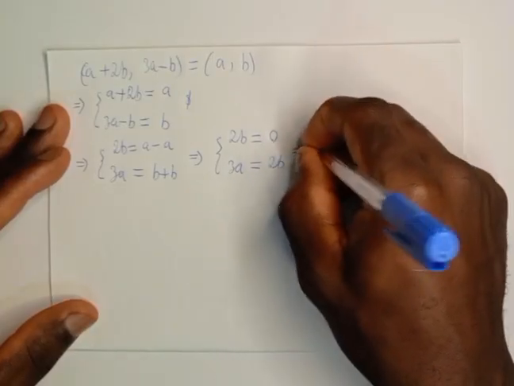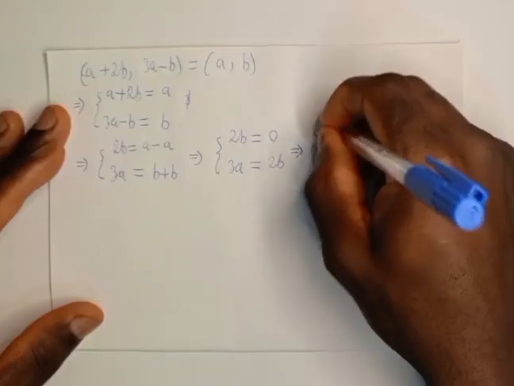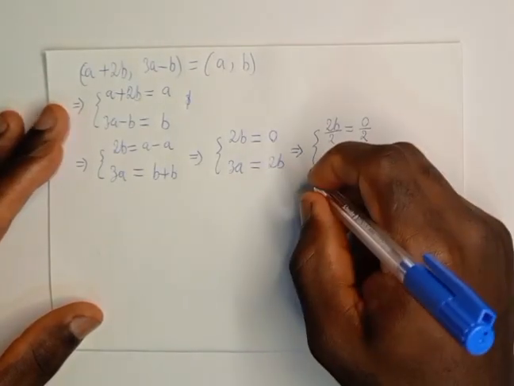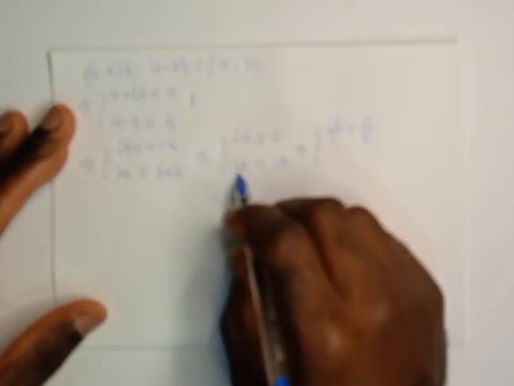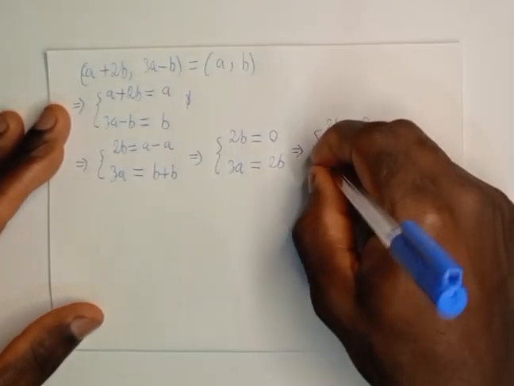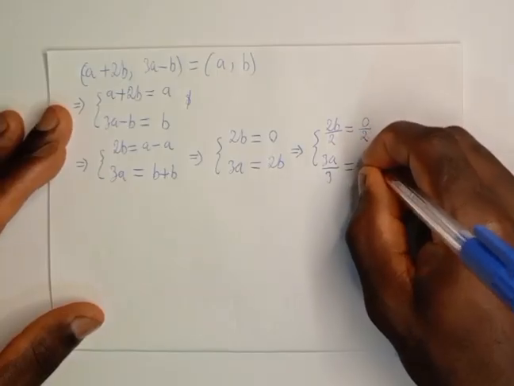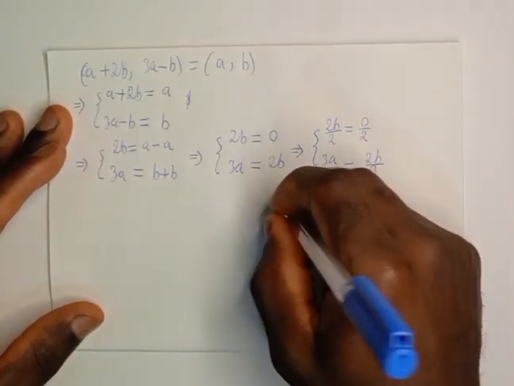If we divide both sides by 2, 2b divided by 2 is equal to 0 divided by 2. If we divide both sides by 3, 3a divided by 3 is equal to 2b divided by 3.